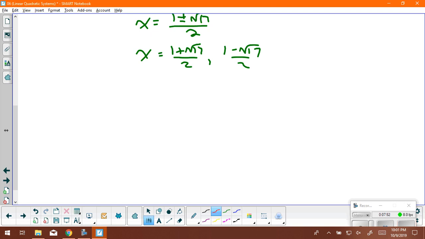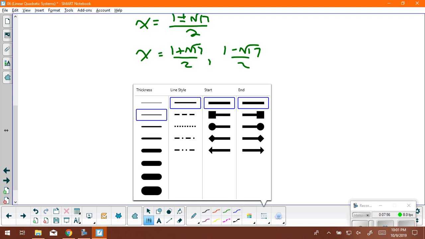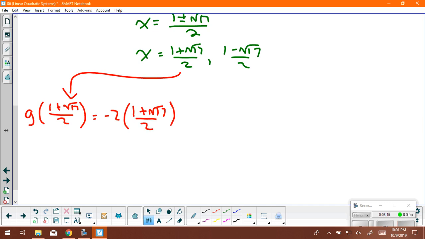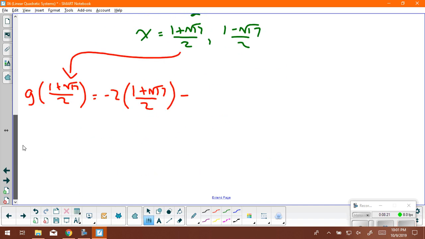Just for practice's sake, let's try to keep this exact for a while. If I want to find my y coordinate of my points, I've got to go into my function. So let's say for this one, I have to calculate g of (1 plus the square root of 17) over 2. So that's negative 2 times (1 plus root 17) over 2, plus 8.